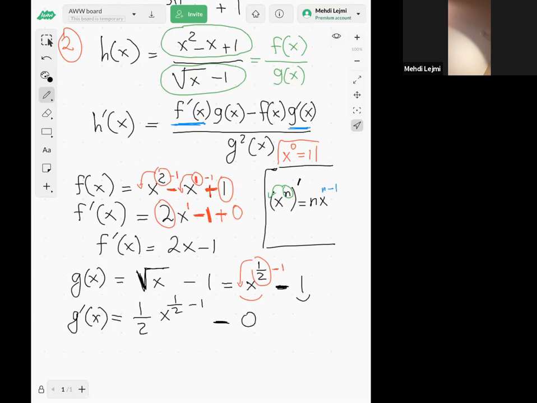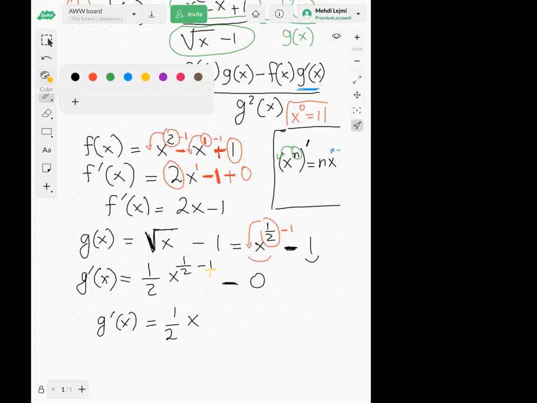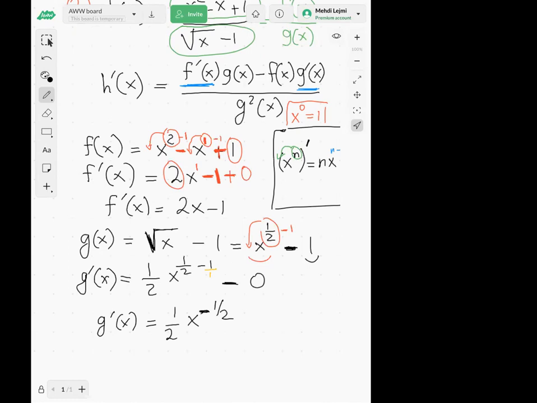So then g prime of x would be half times x to the power half minus 1. Don't forget to get a common denominator, right? Here it's minus 1 over 1. So that's x to the power negative half, right? Okay, so that's our g prime of x.